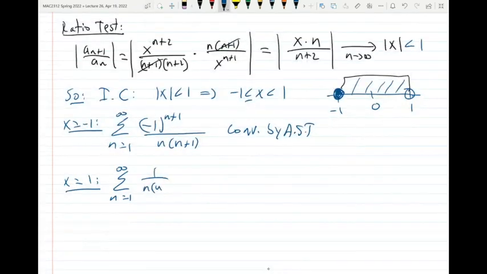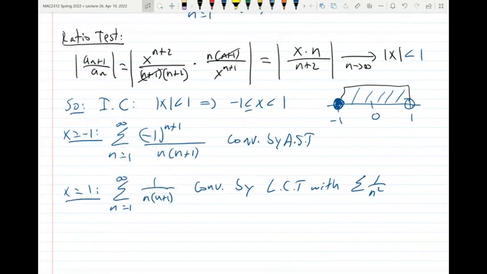So that's 1 over n times (n plus 1). What can we say here? Converges. Why? It converges by, I would say, the limit comparison test with 1 over n squared. You take the limit and you're going to get 1, right? So limit comparison test with 1 over n squared.